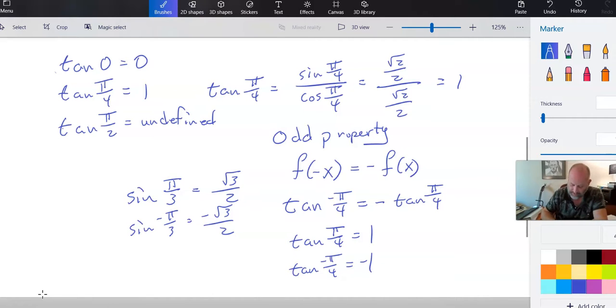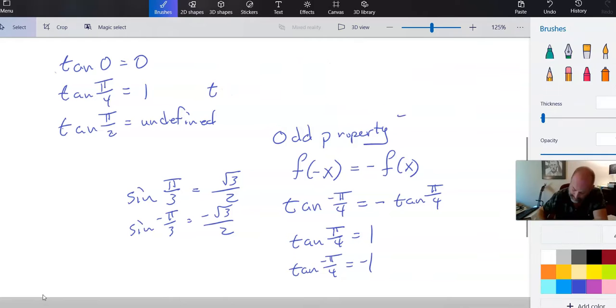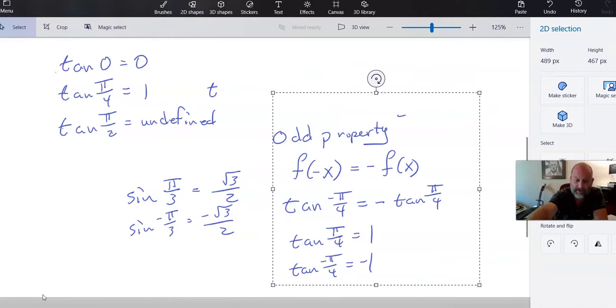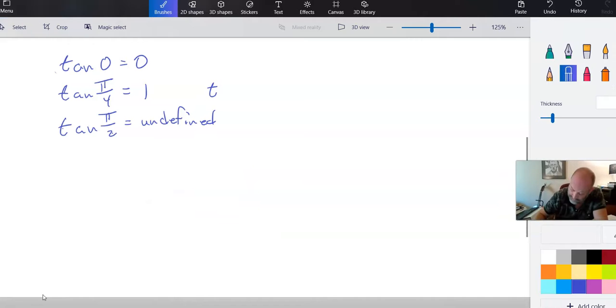And what that's going to enable us to do is find the rest of these values here. So let me go ahead and clear some of this off. So we did that, yeah. So we'll do that, and then I'm going to get the odd property off of here. And we'll fill out a little bit more.